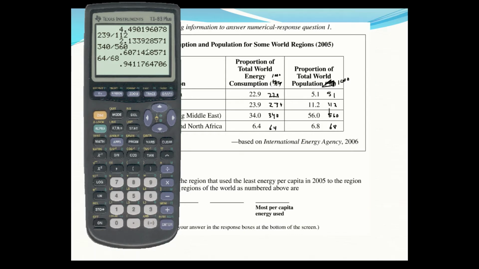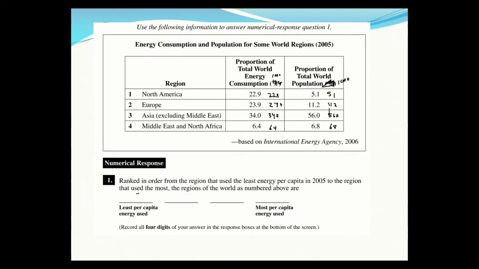So we can see the order. We want to go from least to most. So this one's the least, and then this, and then this, and then this. So it's going to be 3, 4, 2, 1 as my answer. Just take your energy in whatever form it is, divide it by the number of people, and that's how you have per capita, and that's how you can rank them per capita.